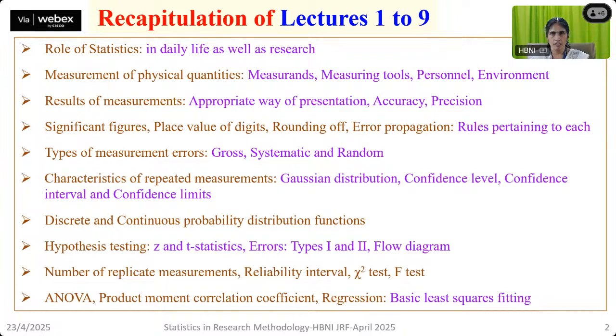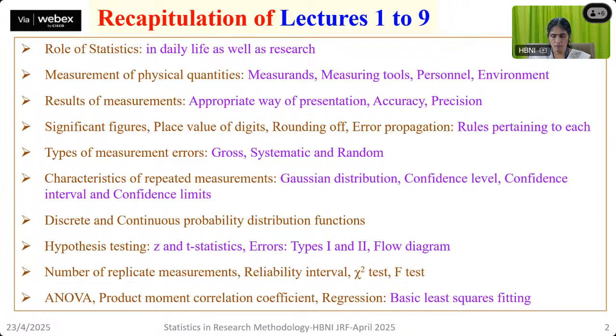Then we went ahead with the variance ratio, that is F-test, and in the last class we discussed further utility extension of the F-test in terms of analysis of variance, ANOVA, then the product moment correlation coefficient, and the regression. The basic least square fitting was the last topic we discussed in the previous lecture.